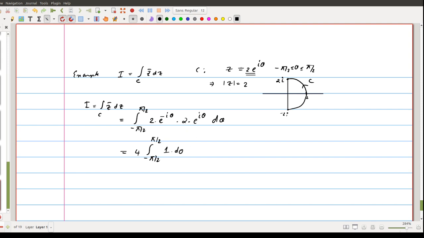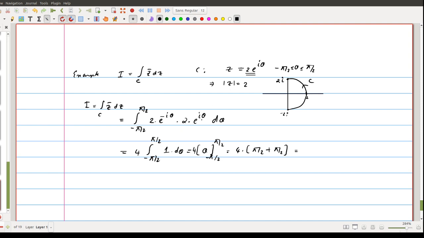So this will be 4 times theta varying from minus pi by 2 to pi by 2, so that will be 4 times, first of all we have pi by 2, then minus of minus pi by 2, that is pi by 2 again, so this will be pi. So the answer: we have i as well.